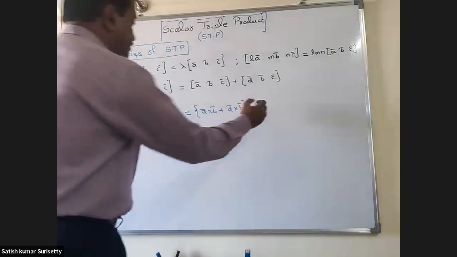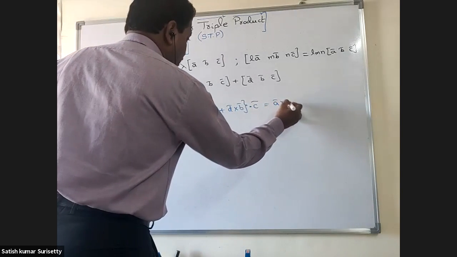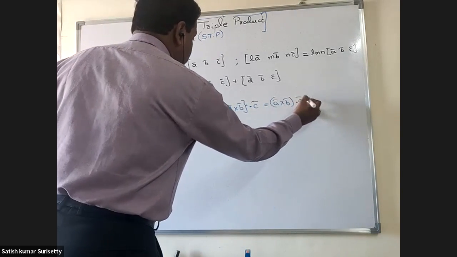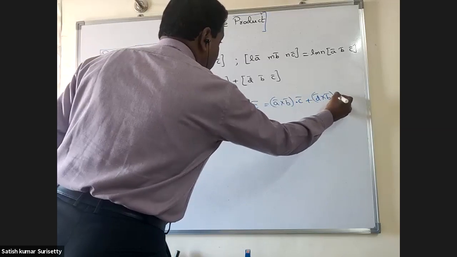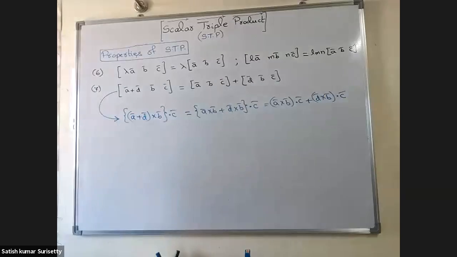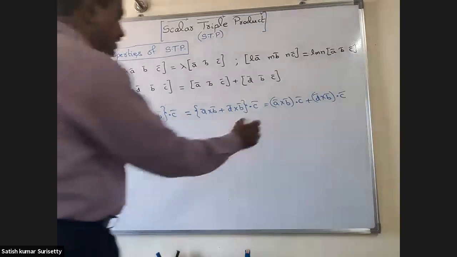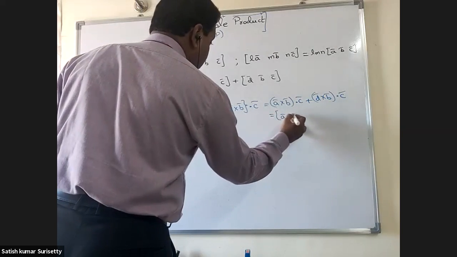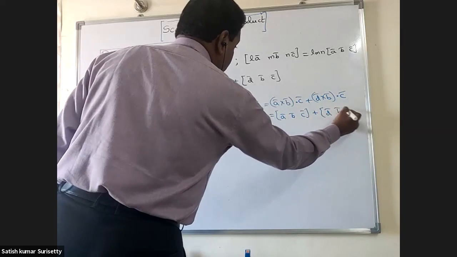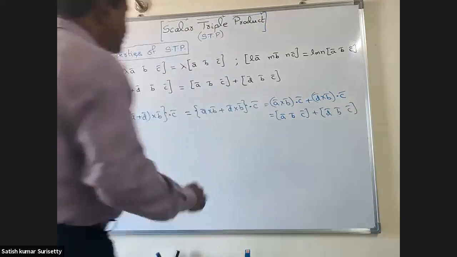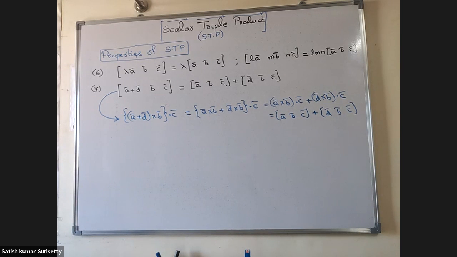Now, this will be the same as A bar cross B bar dot C bar plus D bar cross B bar dot C bar. So the first one is the scalar triple product of A bar, B bar, C bar plus that of D bar, B bar, C bar. Remember the property. It is very important when you want to simplify.